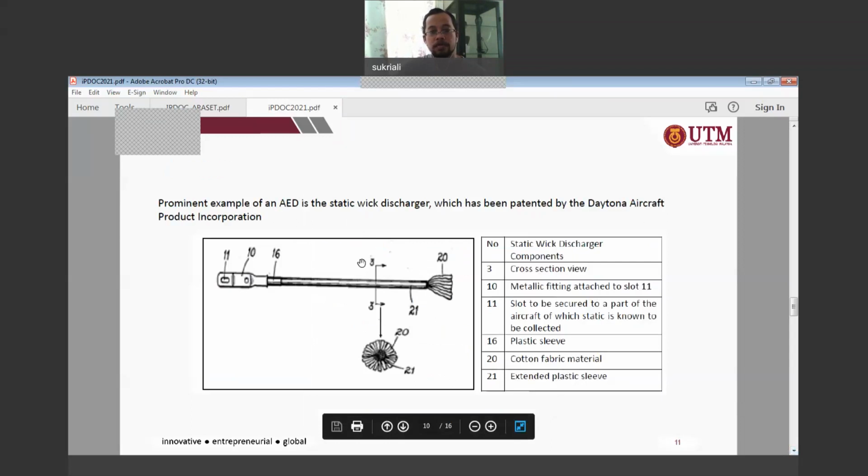Specifically for the Sukhoi MKM, this is a design that has been patented by the aircraft manufacturer. It consists of carbon fabric at the end, and this rod needs to be attached to the aircraft by this slot. So this is one rigid system of the AAD, and the technician needs to replace all these parts as one set.